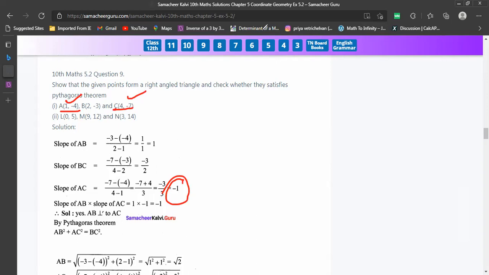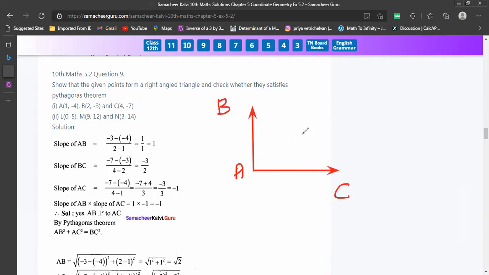According to the diagram, this line is AB and this line is AC, A, B, C. So the slope of AB into the slope of AC should be equal to -1 because these two lines are perpendicular to each other.